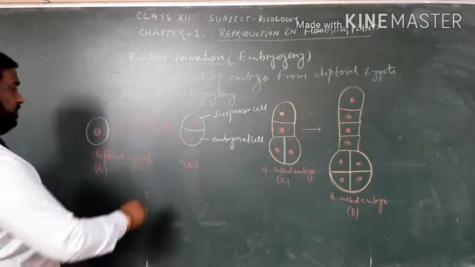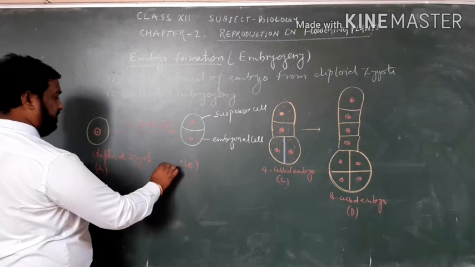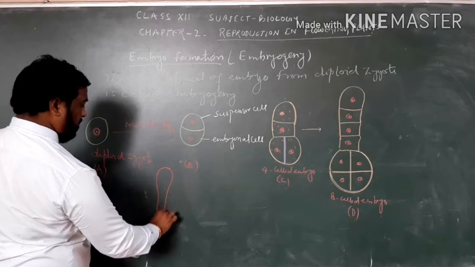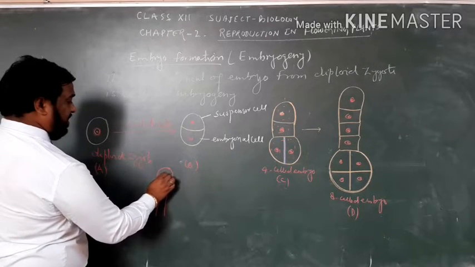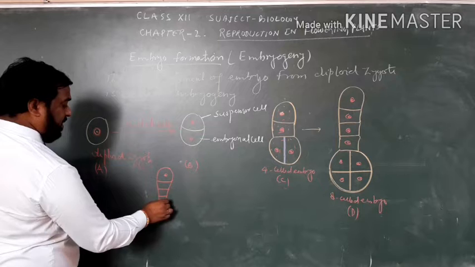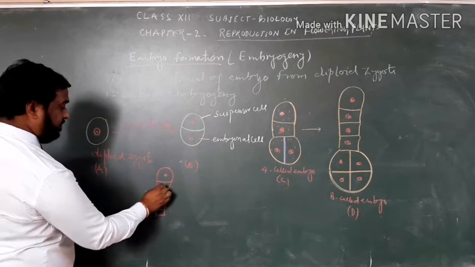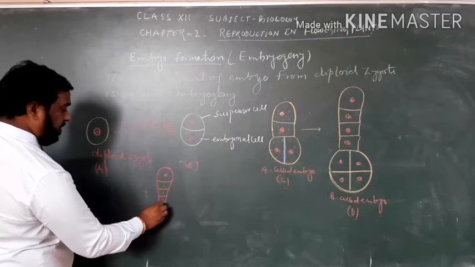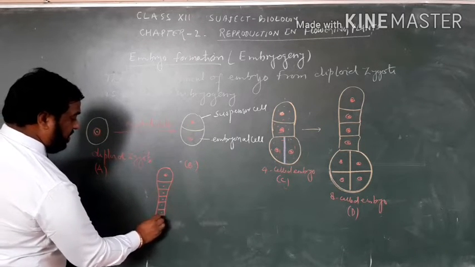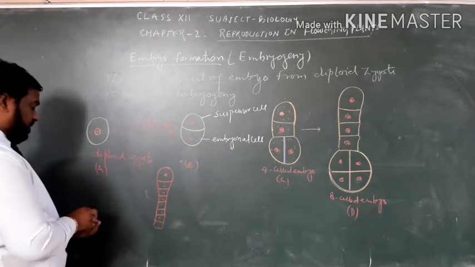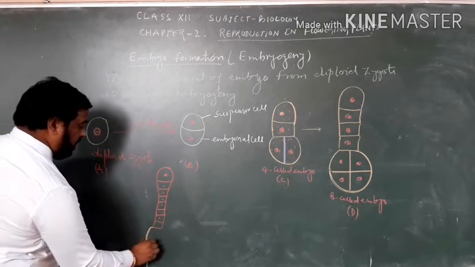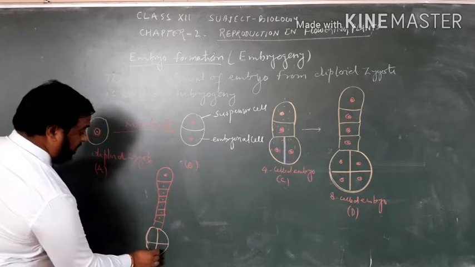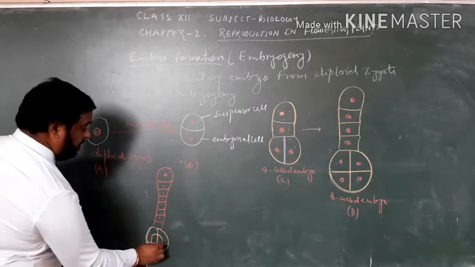So next, like that, the upper cell, then the remaining cells are there: 1, 2, 3, 4, 5, 6, 7 and 8. And downward a globular 8-cell embryo forms, like that.